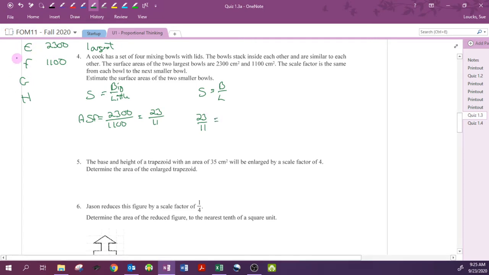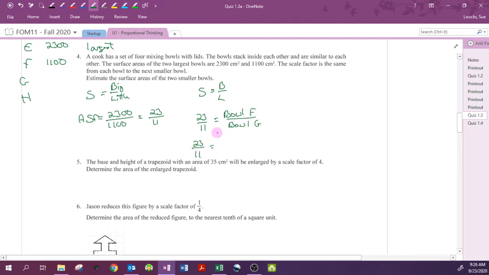And now I'm going to compare F and G. So it's going to be bowl F over bowl G. Okay? So this is really about just keeping myself organized as to what I'm doing. Now, I know how big bowl F is, don't I?